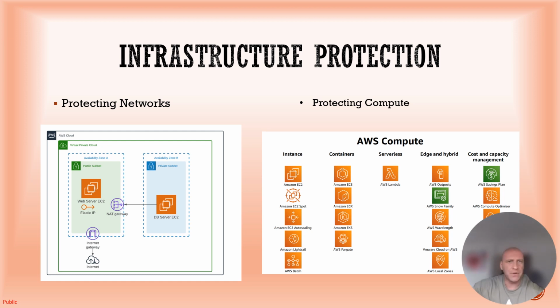AWS has the concept of a region, which is a physical location around the world where we cluster data centers. We call each group of logical data centers an availability zone. Each AWS region consists of multiple isolated and physically separated availability zones within a geographic area.